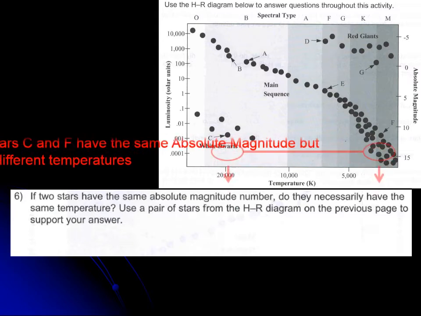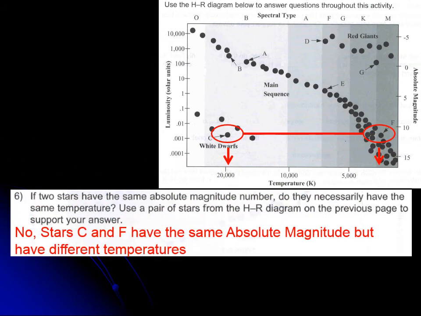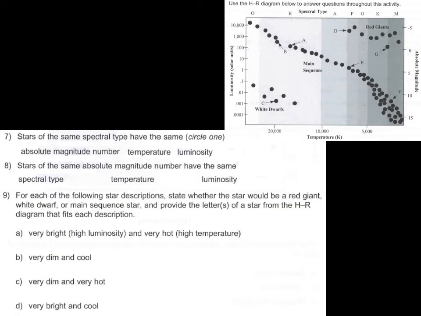So the answer is no. Number 7, stars of the same spectral type have the same... Well, same spectral type would have the same temperature. Number 8, the stars of the same absolute magnitude have the same... If they have the same absolute magnitude, they have the same luminosity.